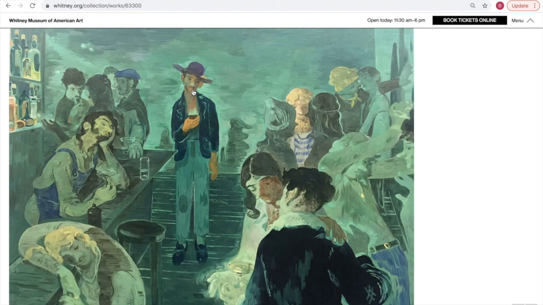I think that's part of the reason that this was made, is to describe that feeling, and really how each of these people have different feelings, which contribute to the overall collective experience at this bar.